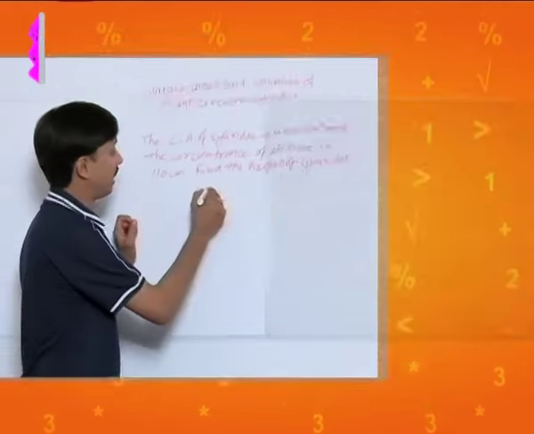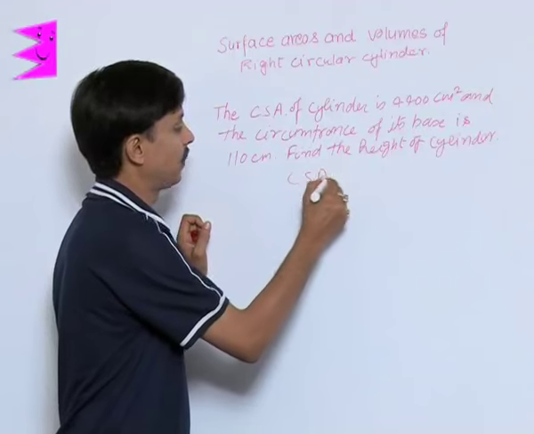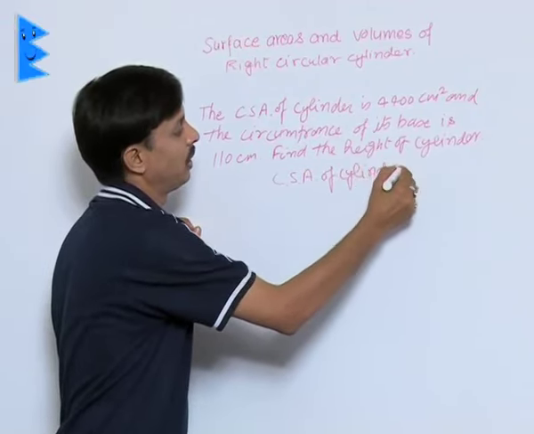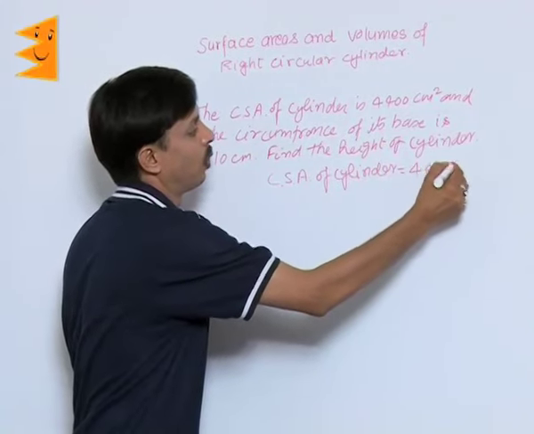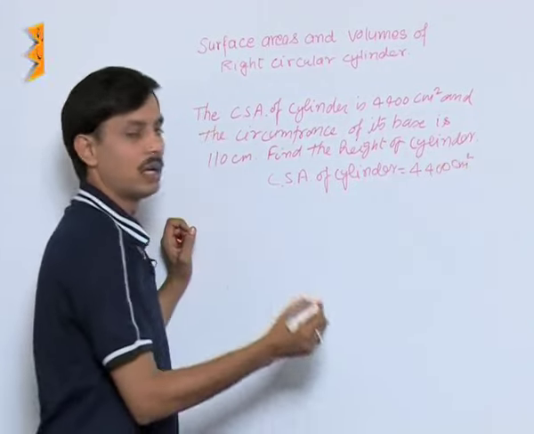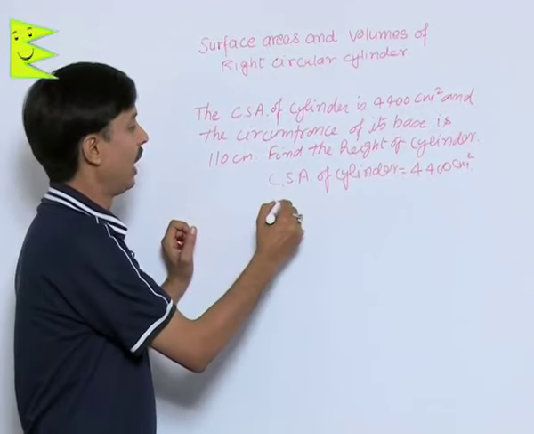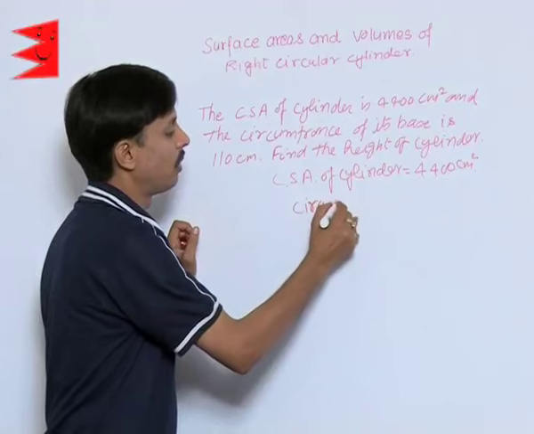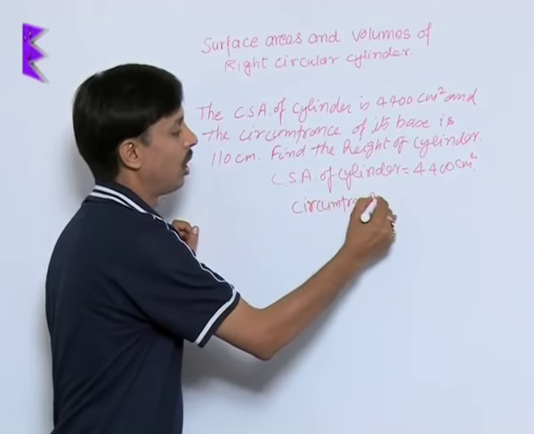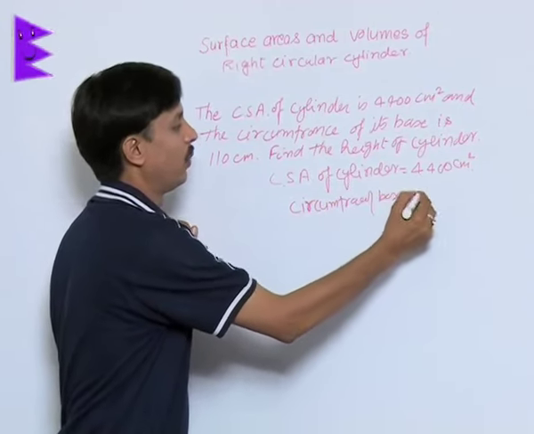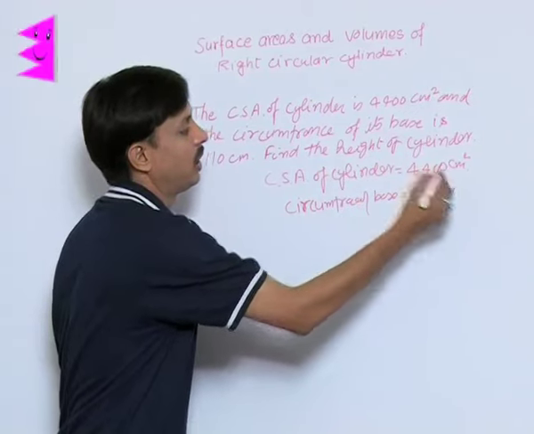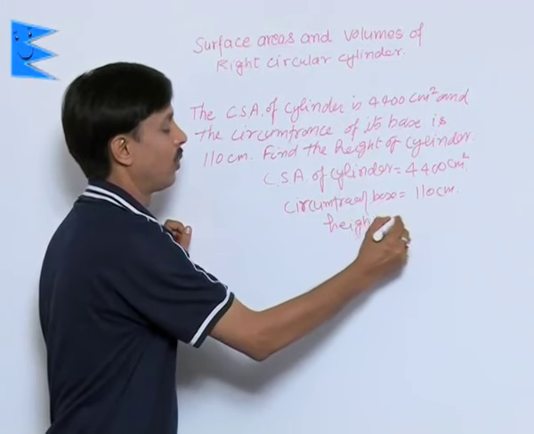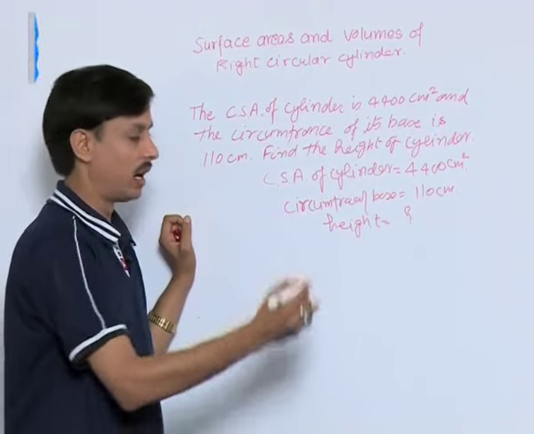As given, the CSA of the cylinder is 4400 centimeter square and what more, the circumference of base is given as 110 centimeter. What is required in this question? Required is to calculate its height.